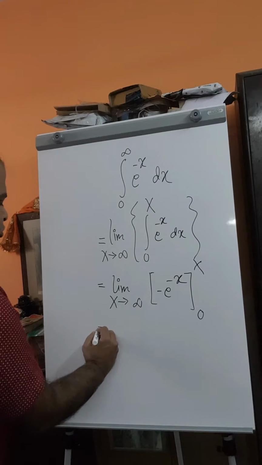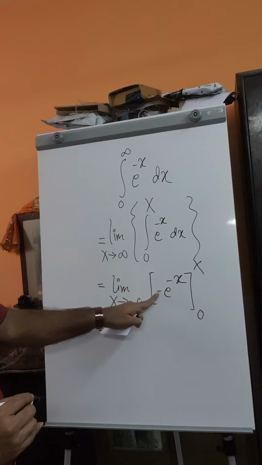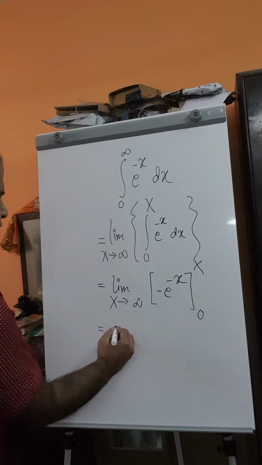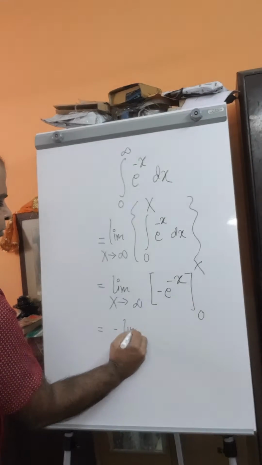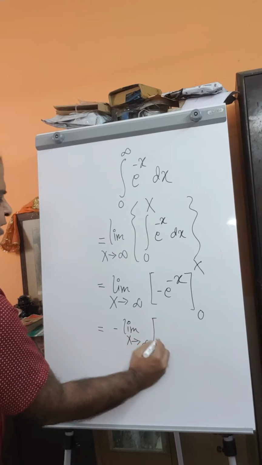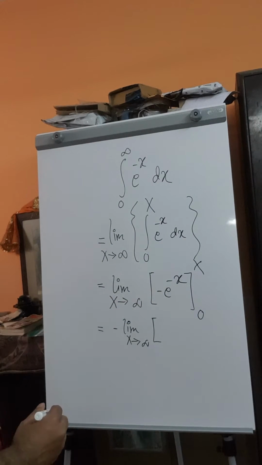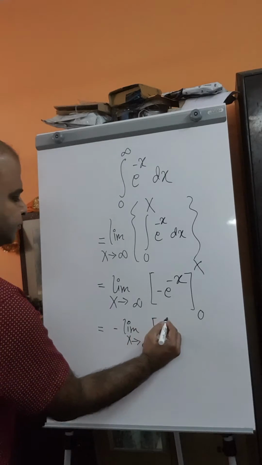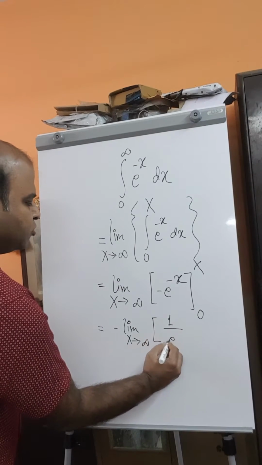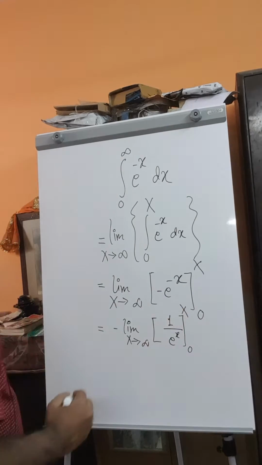This minus sign we can take out of the limit, this being a constant, minus 1. So we have minus of limit X tending to infinity, then within the bracket we are left with e to the power minus x. So e to the power minus x means 1 upon e to the power x, within the limits 0 to capital X.